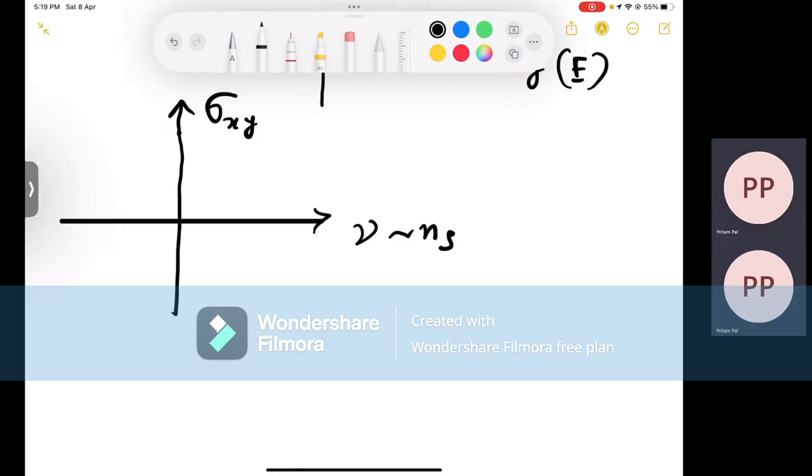So 2, -2, we'll have the plateau, right? So it will be like this, and the conducting region like this. One second, I'll draw it better.